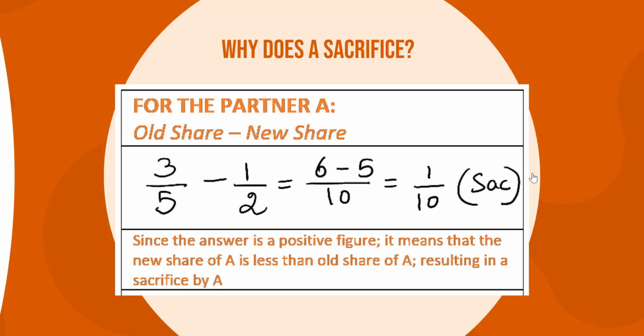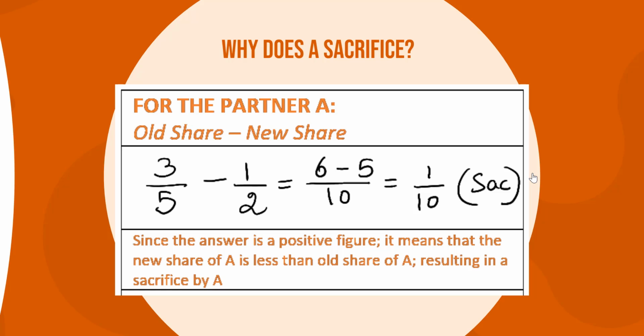So on applying the formula old share minus new share, whenever we get a positive figure, it implies that that person has made a sacrifice. And in case we get a negative figure, it implies that that person's old share is less than the new share, and that would imply a gain for that partner.